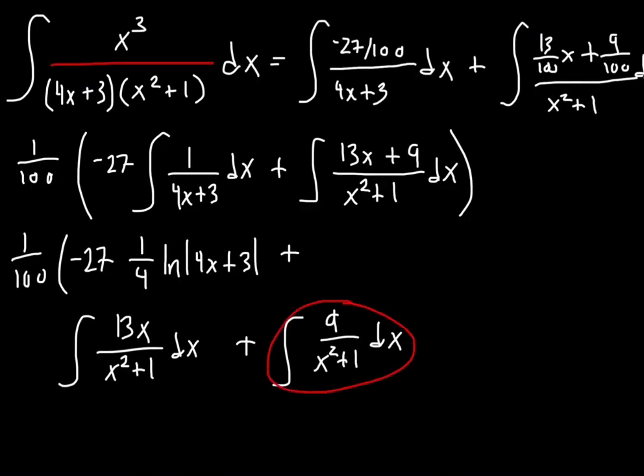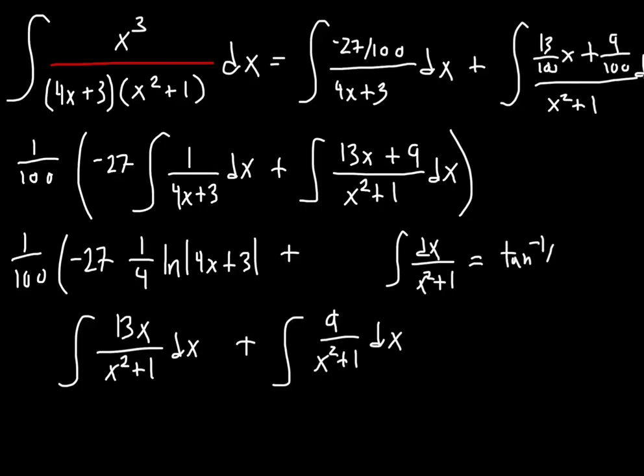There's a rule for that which you need to remember. The integral of dx over x squared plus 1 is simply inverse tangent x plus c. This is just a rule that you should remember. But this time we have a 9 here, so we're multiplying by 9.